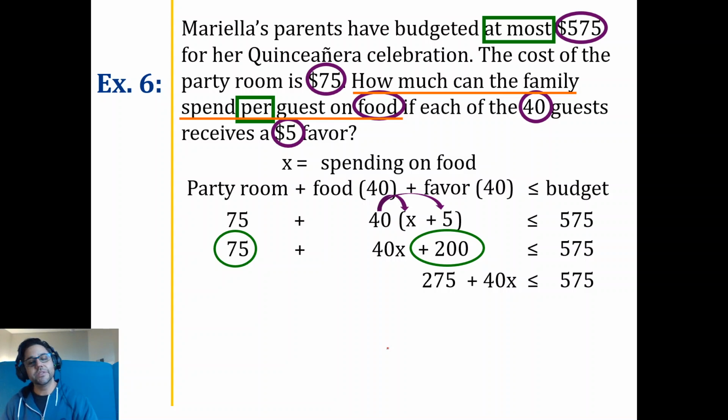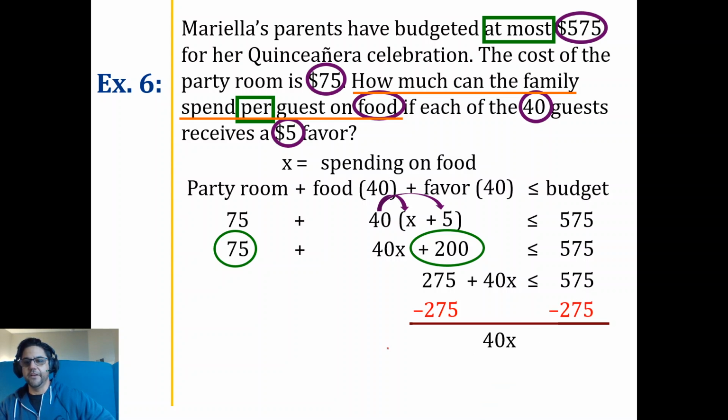We're going to start with the 275, not the 40. So it gives me 40x is less than or equal to 300. I divide by 40. If you want to use the little trick, you can cross off the zeros at the back. So I'm going to do that real quick, because it's kind of like you're mentally dividing by 10. So you really just have to do 30 divided by 4.